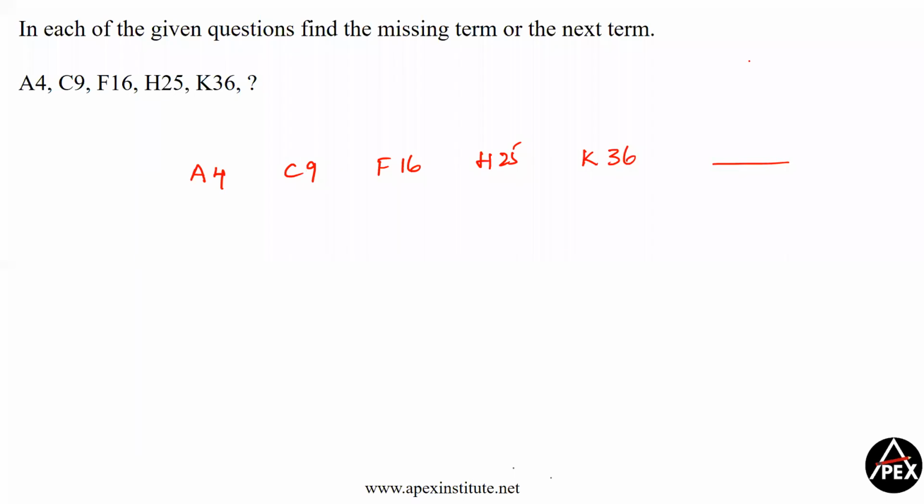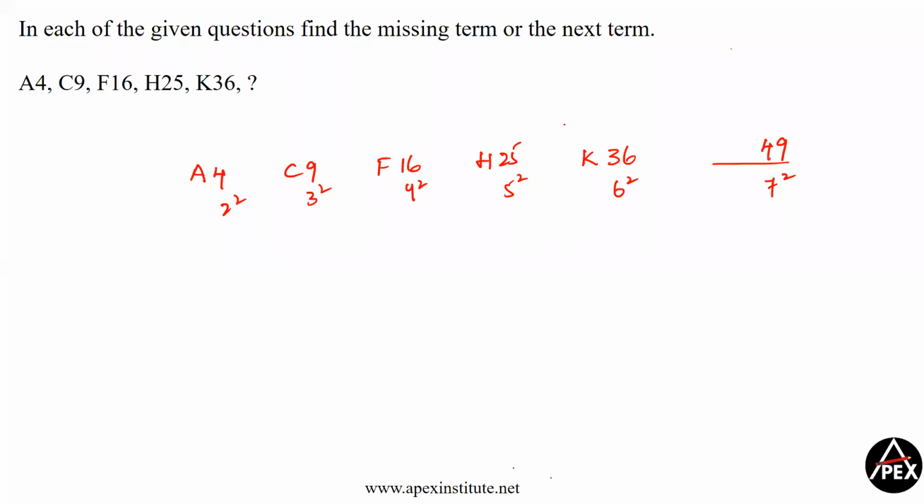Now, first I will try to identify what number comes in the next term. 49. Okay, so this is 2 square, 3 square, 4 square, 5 square, and 6 square. So next number should be 7 square. So it should be 49, isn't it?